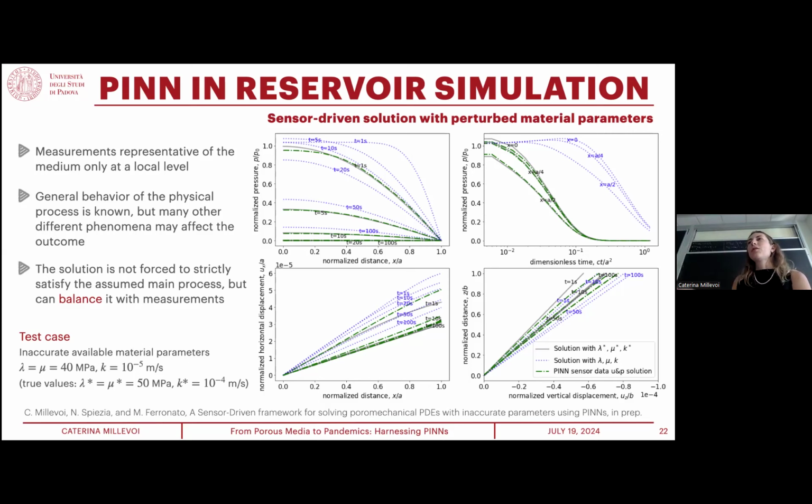Maybe it goes near the real solution around the datum that we give, but as we go farther from the datum, the prediction is completely wrong. But even if we add a residual to the loss function, even if the residual has the same shape as the true residual but with wrong parameters, this helps the PINN converge to the right solution.